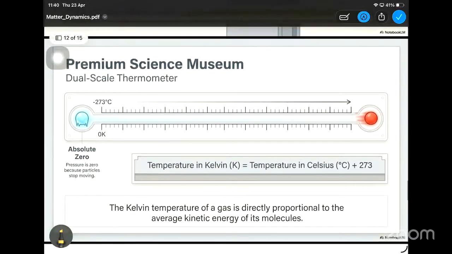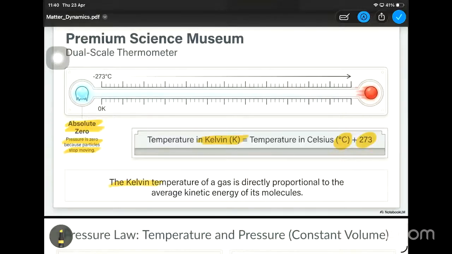Then the temperature changes. Remember, in order to convert Celsius temperature into Kelvin temperature, you need to add 273. And absolute zero is the temperature where the particles stop moving, right?